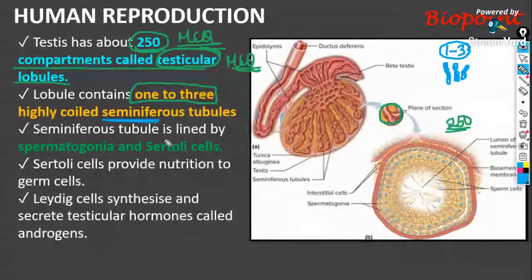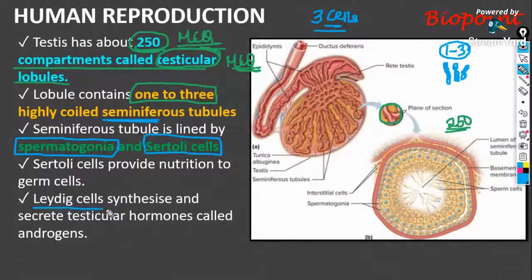Inside the testis you have 3 different types of cells. These are all extra information, take it separately. The seminiferous tubule is lined by 3 kinds of cell: spermatogonial cells, Sertoli cells, and Leydig cells. Which are the 3?